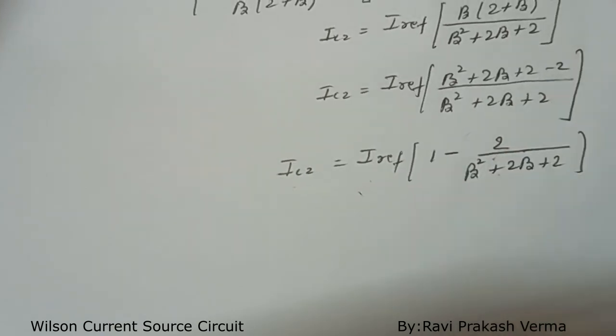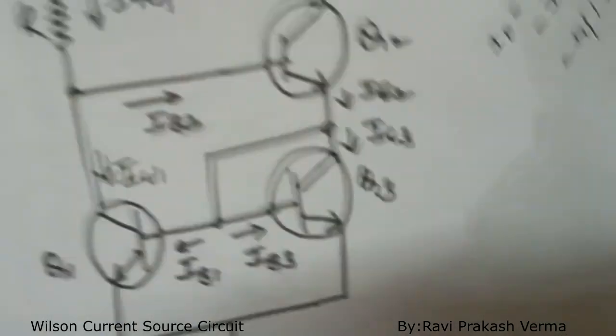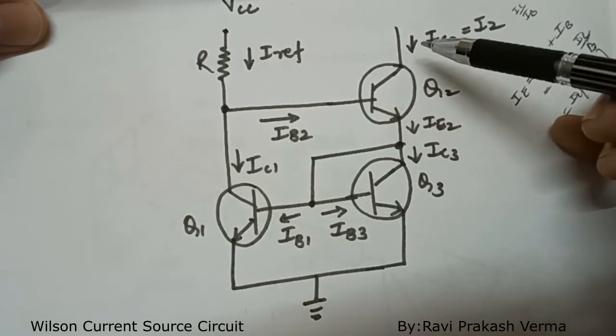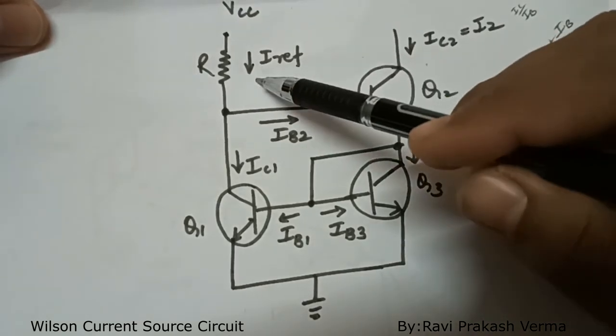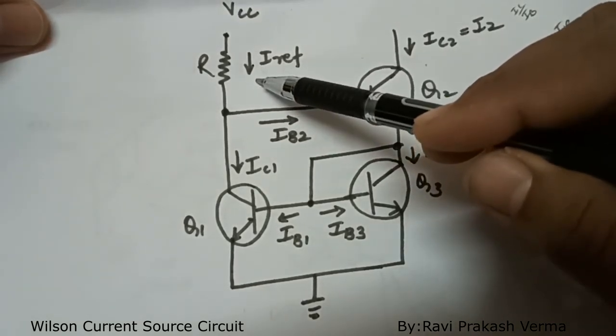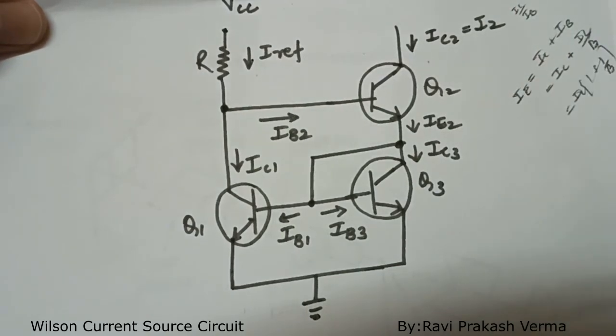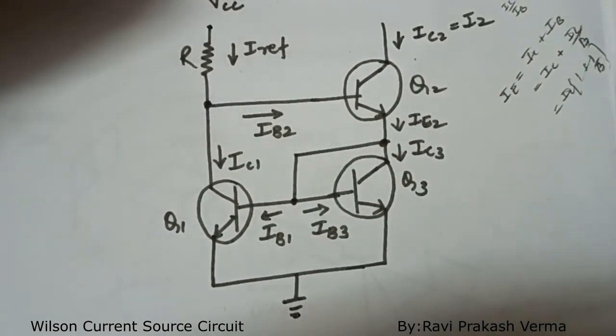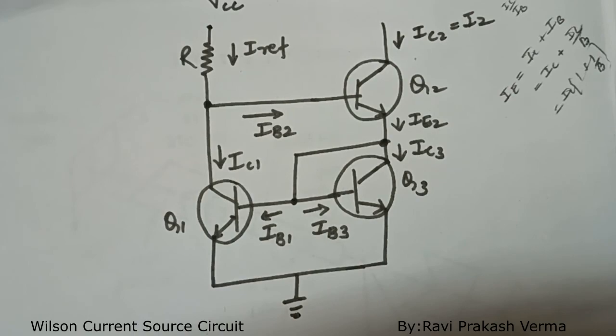This means the output current IC2 will be equal to the reference current, which is the motive of the Wilson current source circuit. Thank you guys.